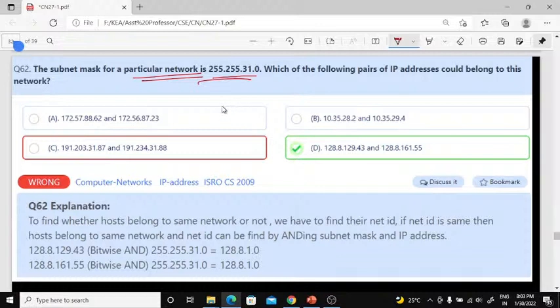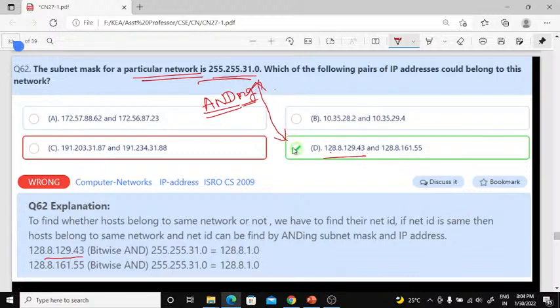So we can find that by ANDing an IP address. Here we can perform the AND operation. 128.8.129.43, bitwise AND with this mask.